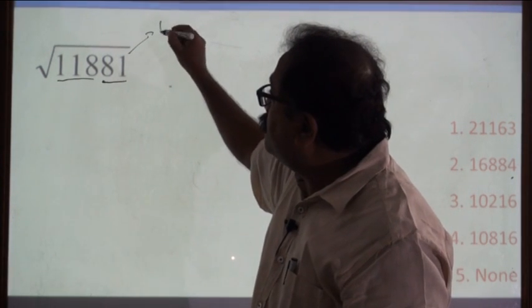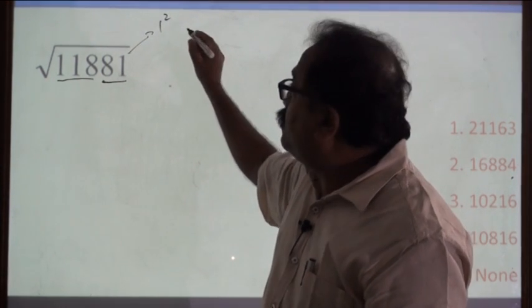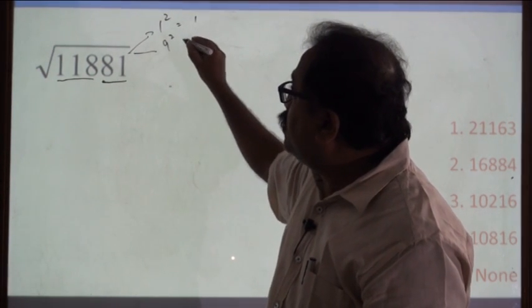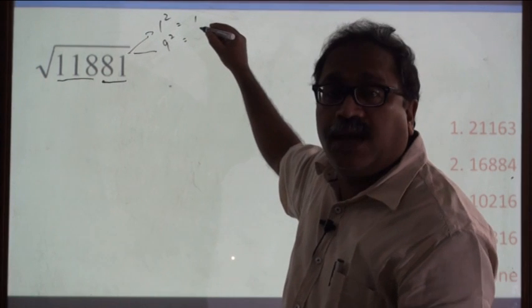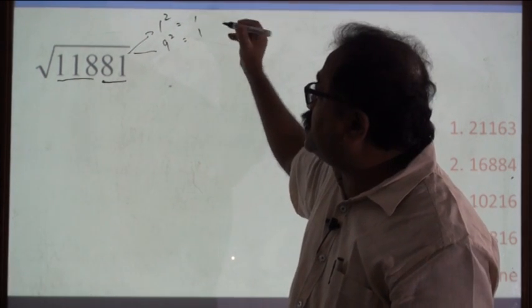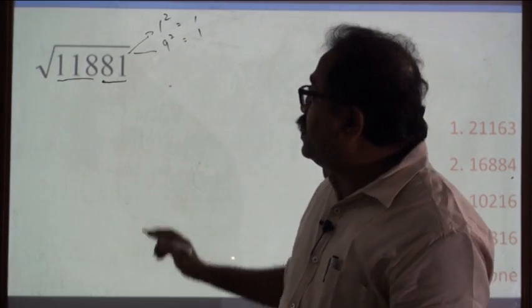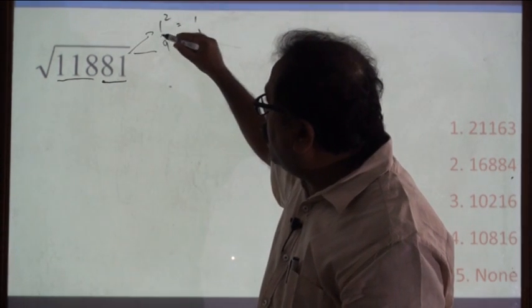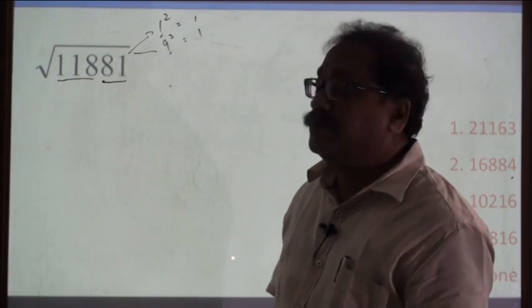Either it is 1 square, which will give you 1, or it is 9 square, which will give you 81, where the unit digit is again 1. That means the last number will be either 1 or 9.